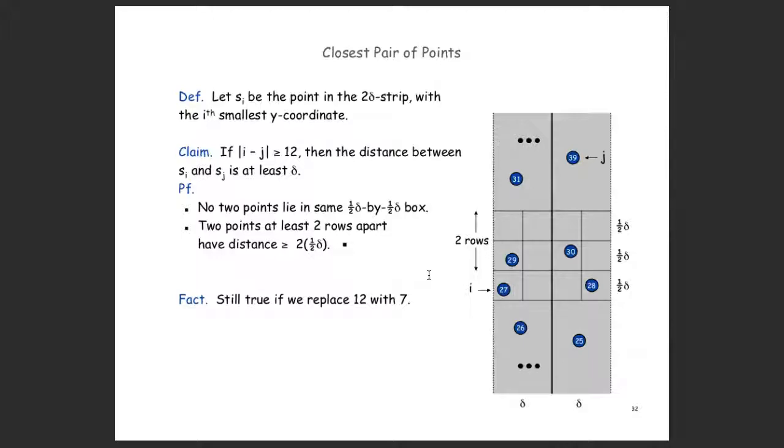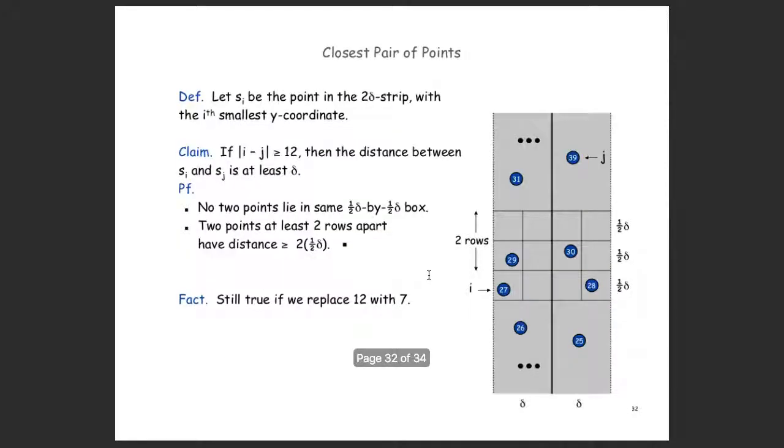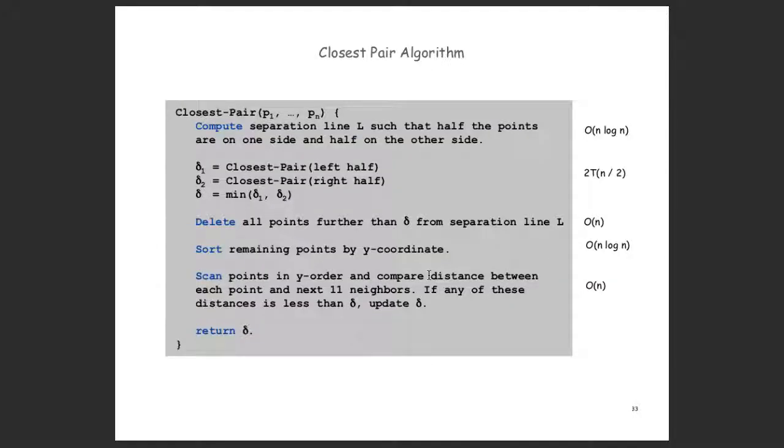So if the y's are close, I just need to check the points with the y's being close. And this enables me to make it linear.